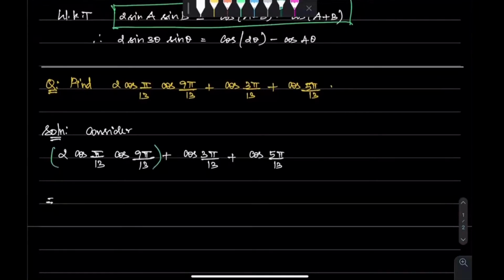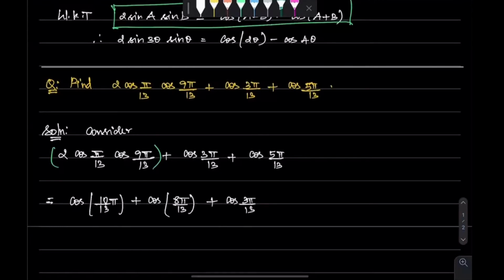Cos(A plus B) plus cos(A minus B). What is A plus B here? I get 10 pi by 13. Plus cos of minus 8 pi by 13, which is the same as cos 8 pi by 13. I can write it like this easily. So plus I get cos 3 pi by 13 plus cos 5 pi by 13.